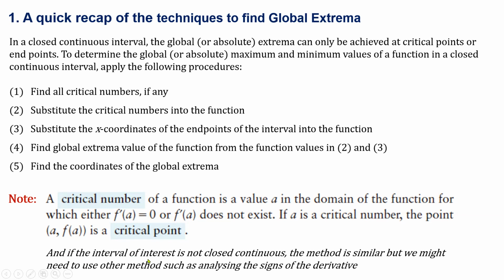And if the interval of interest is not closed continuous, the method is still similar, but we might need to use other methods such as analyzing the signs of the derivative.